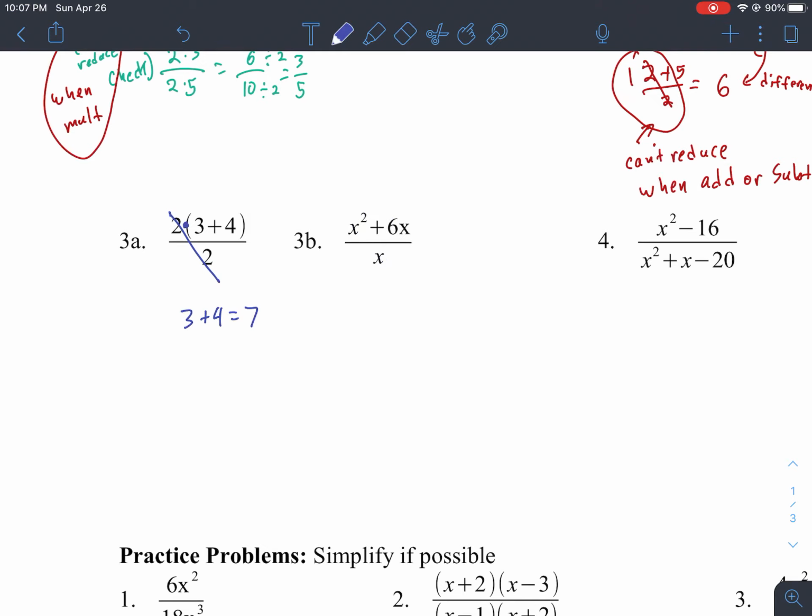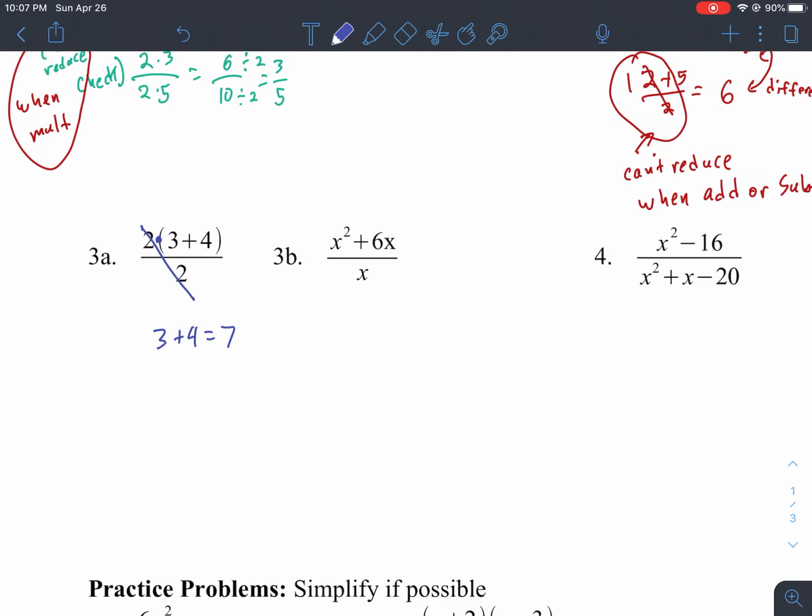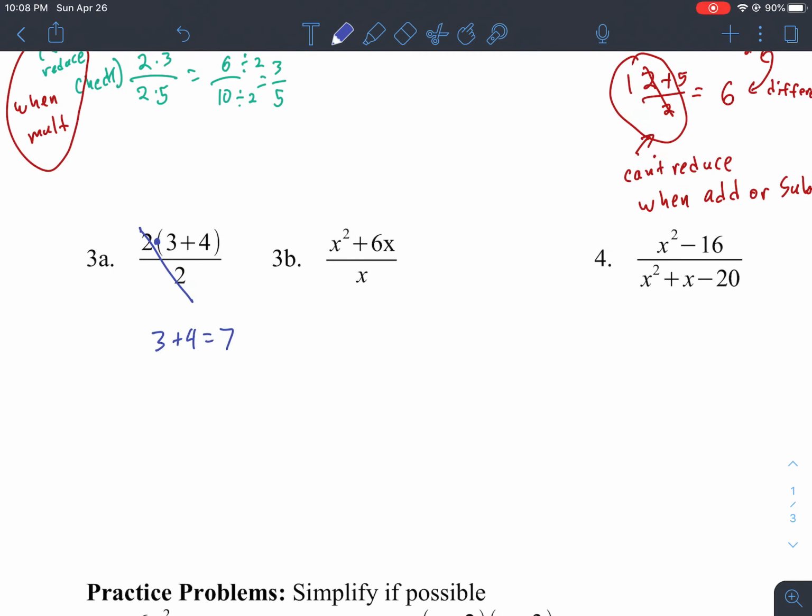But not yet. Wait. Before we give up, let's see if we can change addition to something that's multiplied. How do we change addition into something that's multiplied? Let's try factoring.